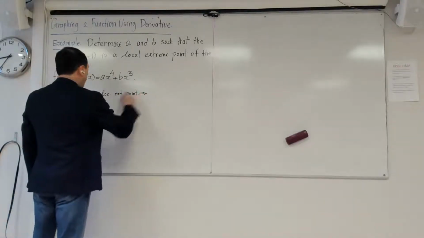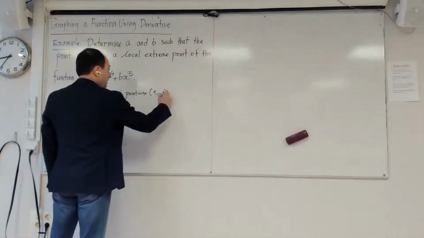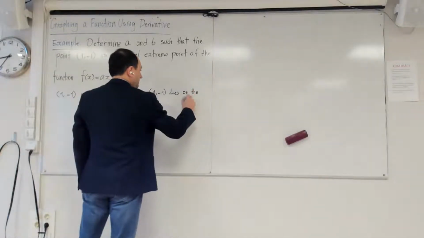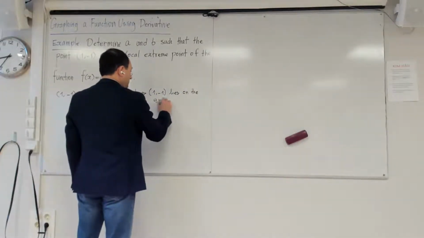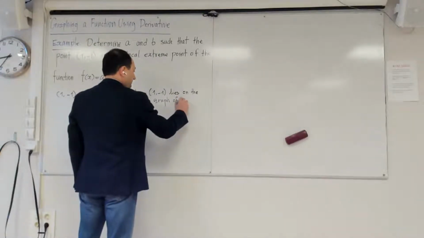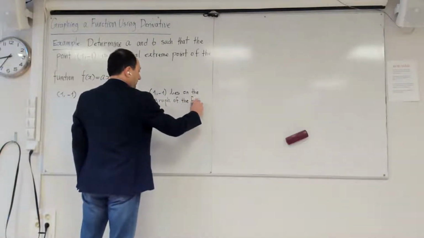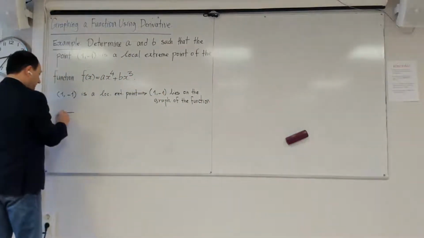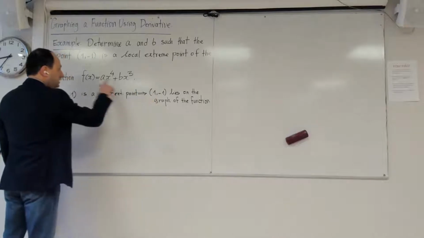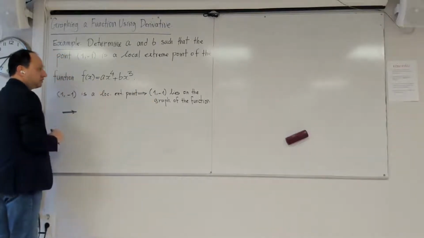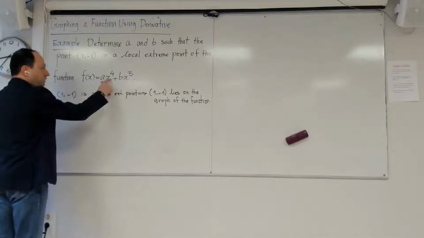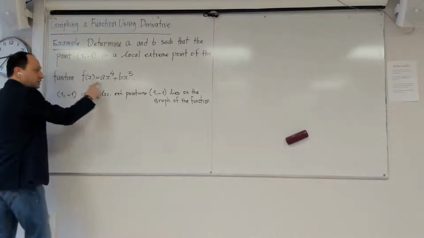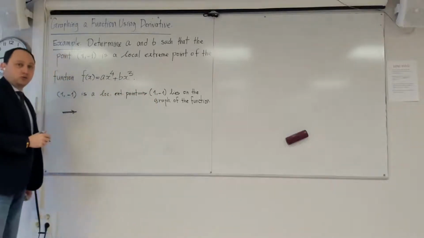This means that 1 and minus 1 lies on the graph of the function. Yes? And this implies that its coordinates will satisfy the equation of the function. So it means that if I replace x with the x coordinate, the value for the function is supposed to be equal to the y coordinate of that.